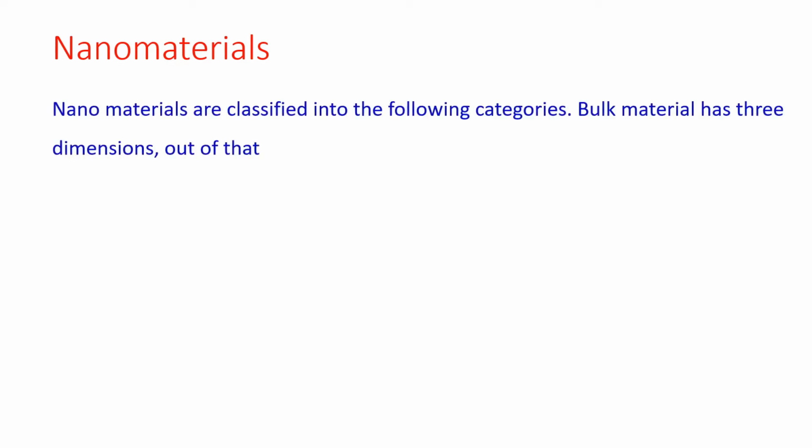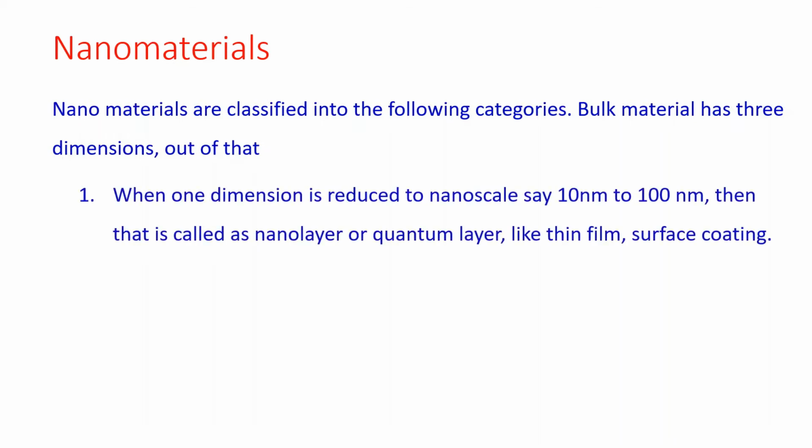Nanomaterials are classified into the following three categories. A bulk material has three dimensions. Out of that, when one dimension is reduced to nanoscale, say 10 nanometer to 100 nanometer, then that is called a nano layer or quantum layer, like thin film, surface coating.